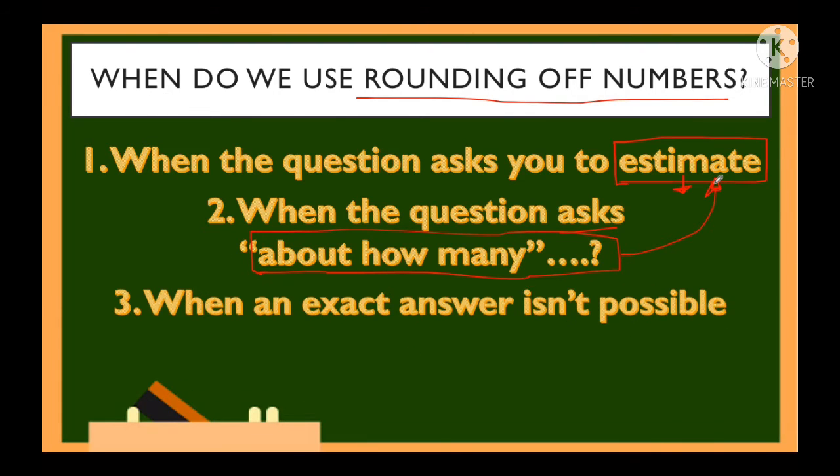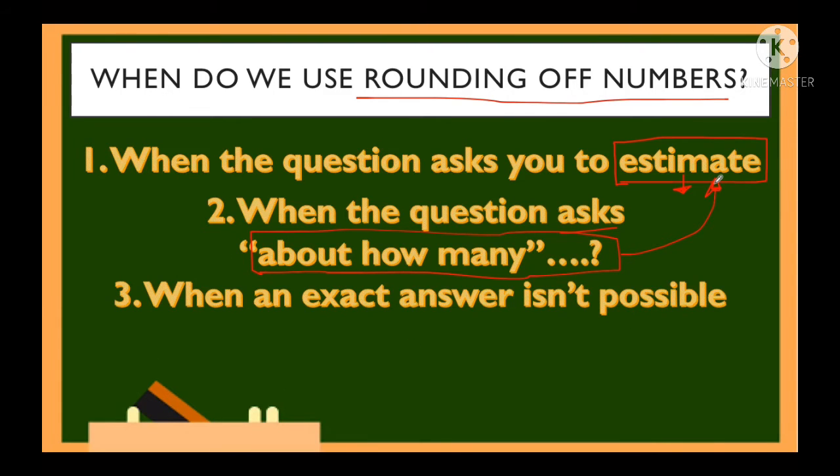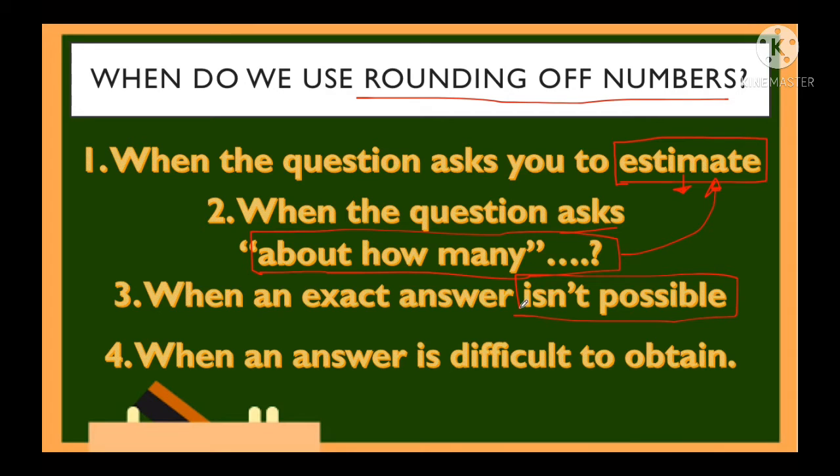What else? When an exact answer is not possible. There are times that an exact answer is not possible, just like in division. It's not exact. It's not possible to make a whole number. So we will use the rounding of numbers. Lastly, when an answer is difficult to obtain.